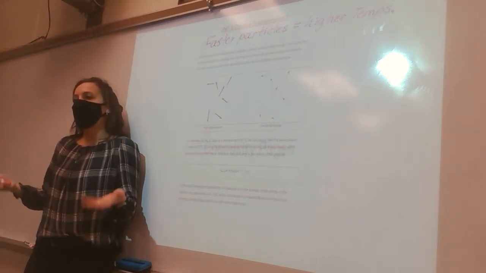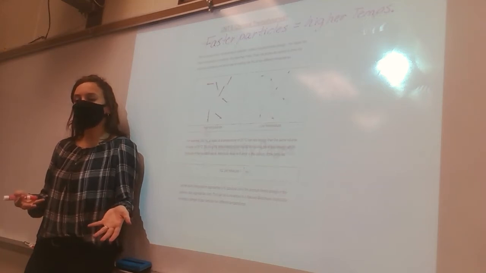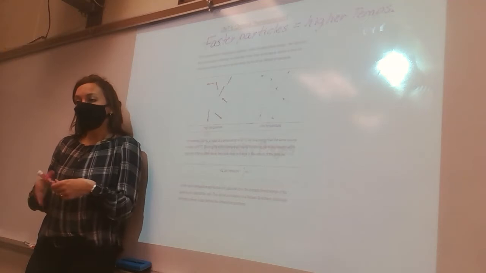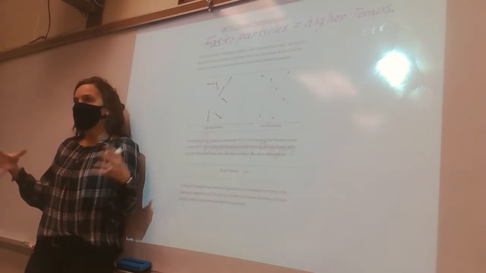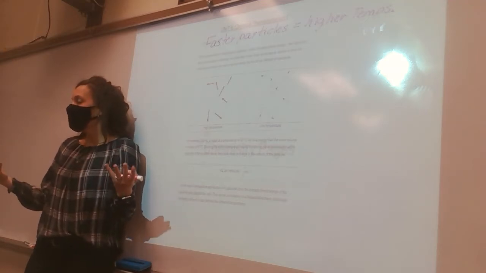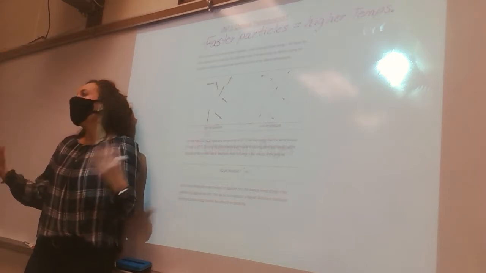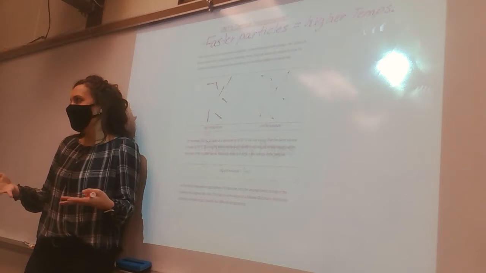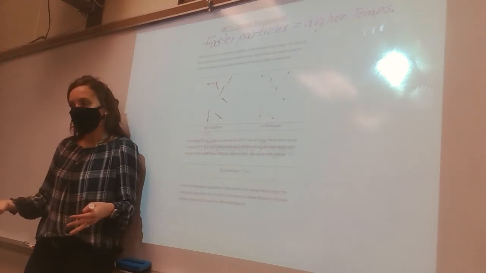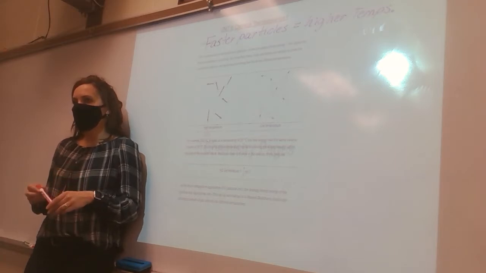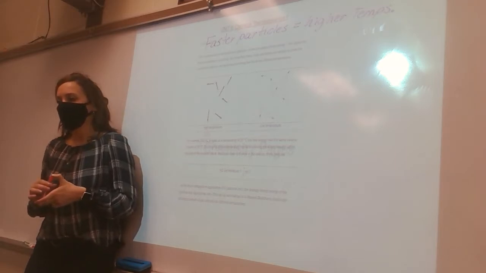Higher temperature, faster particles. That's why eventually the water boils, because the particles move faster and faster until some of them start to escape, and then more of them escape, and eventually they're all escaping, and that's boiling. That's when you have the water vapor. It's all about the speed of the particles. Questions so far? Okay.